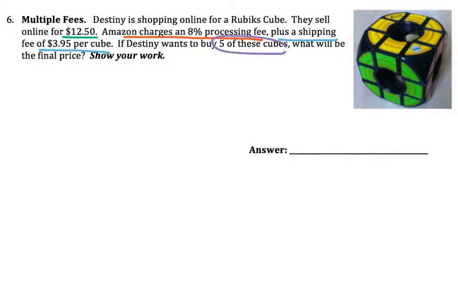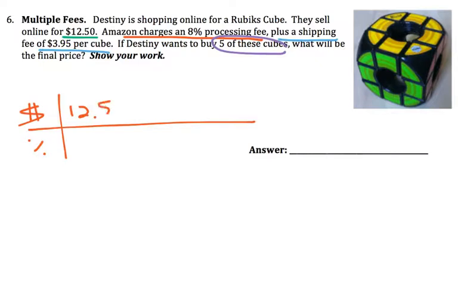Alright, so again, when we're buying multiple items, you can multiply it by 5 at the beginning or the end. This time I'm going to do it at the end. And it really doesn't matter. You could actually do it both ways, just to really check your answer when you get to the state test. So let's start off with the first fee, which is an 8% processing fee. So we have $12.50 is how much they sell for.